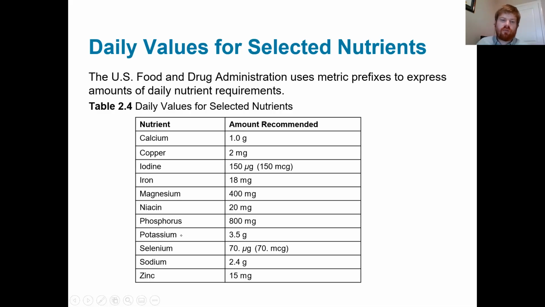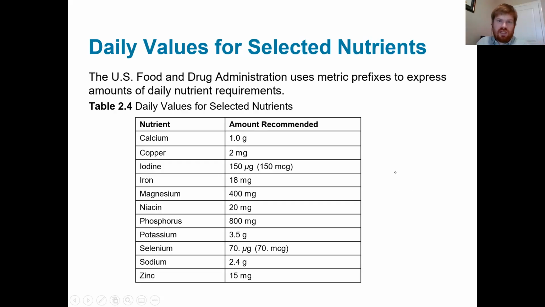Potassium, which is basically a very important electrolyte, you need 3.5 grams of that. Selenium, again, is a nutrient that we only need a little bit of. That's a micrograms amount. Sodium and zinc: sodium needs a gram amount because that's, again, an important electrolyte. And zinc, you just need a tiny bit of zinc, and that is about 15 milligrams.